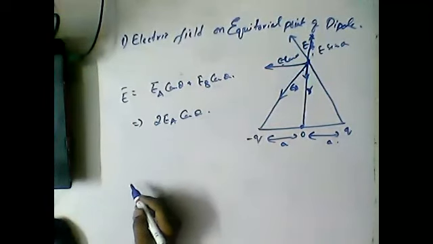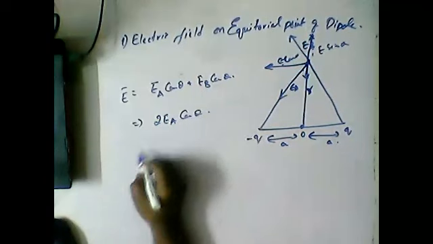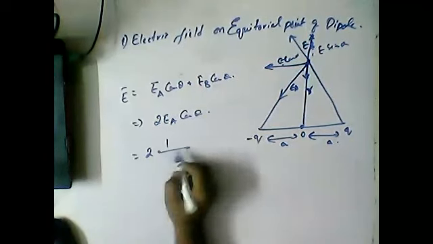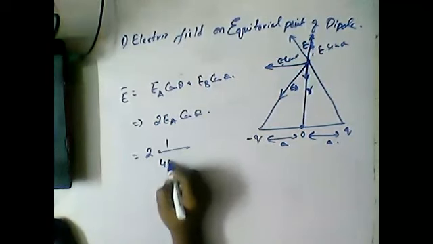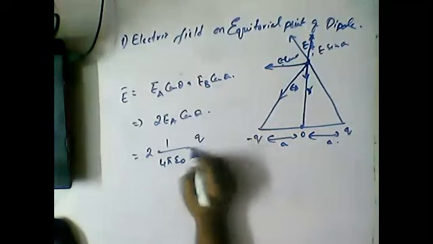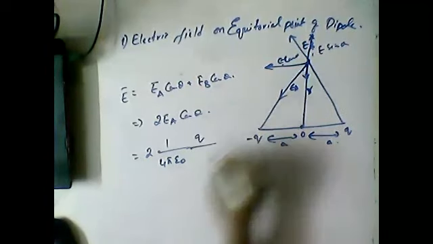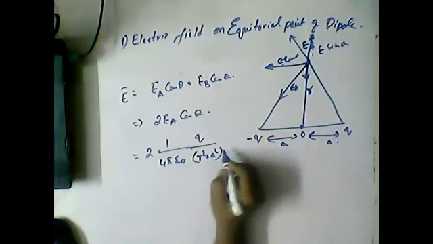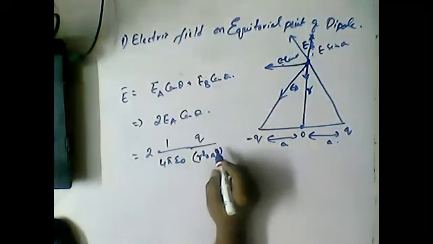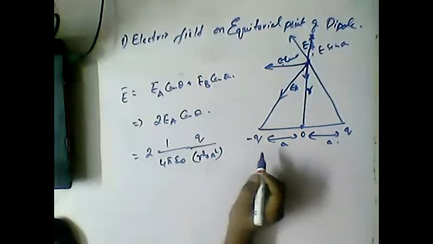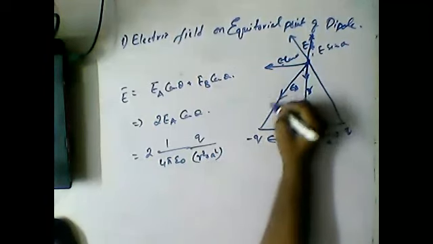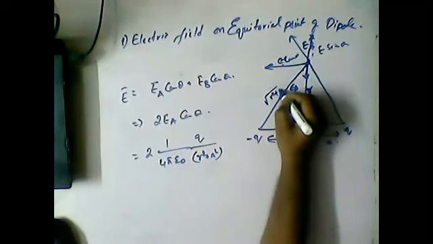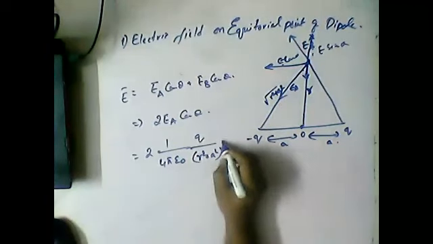So EA can be written how, guys? 2 into 1 by 4 pi epsilon, q by the effective distance, which is r square plus a square, because the radius we can write as r square plus a square. Now cos theta is there.